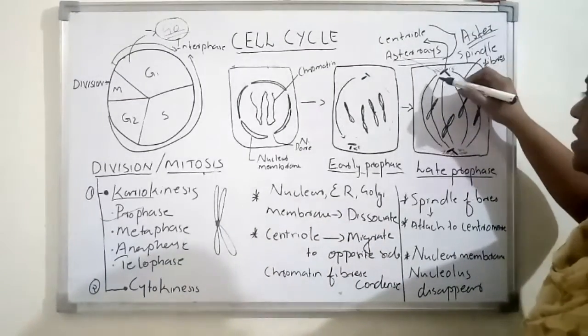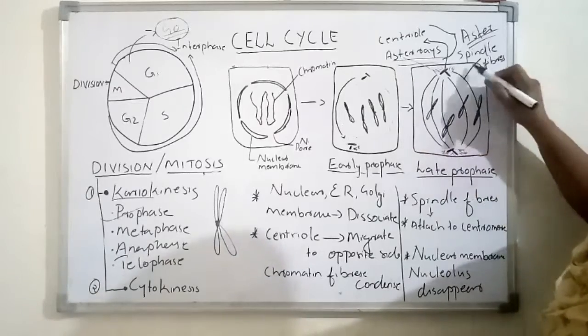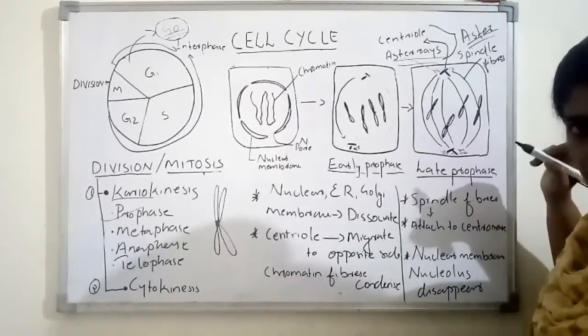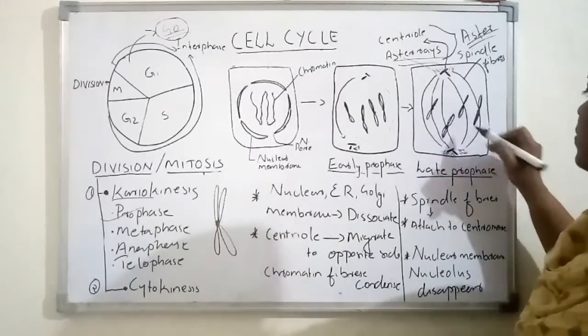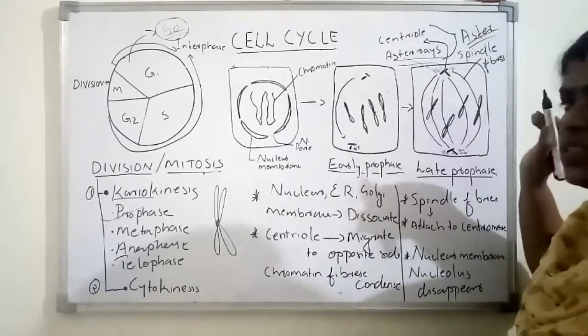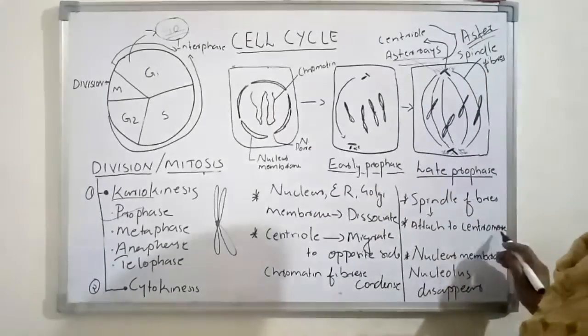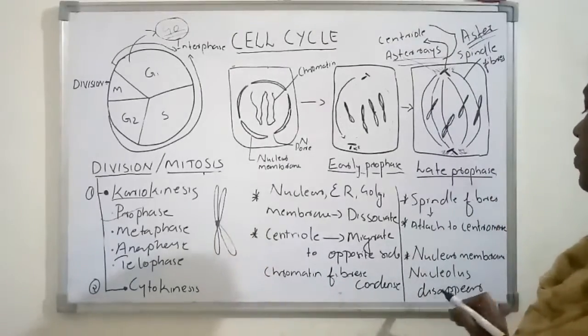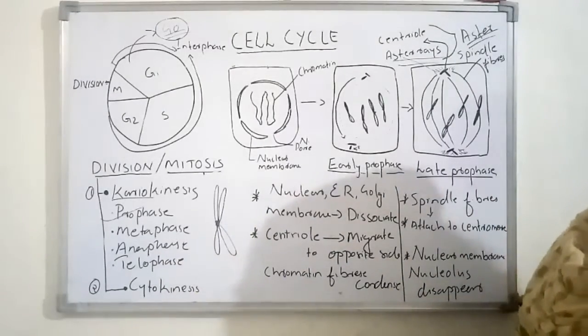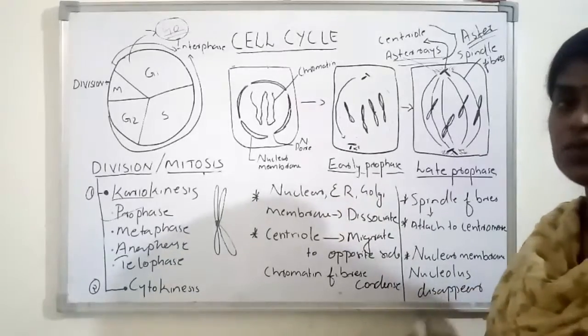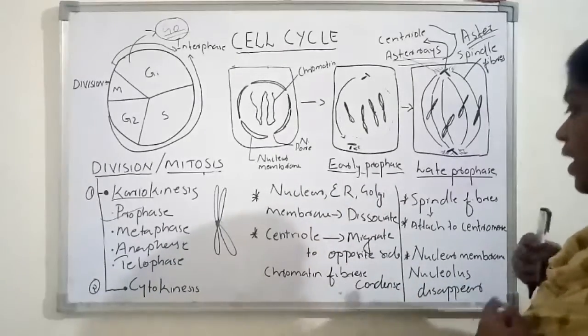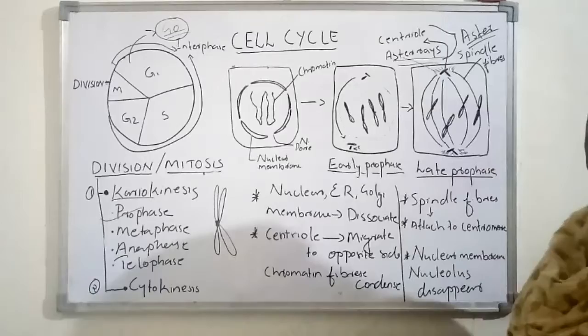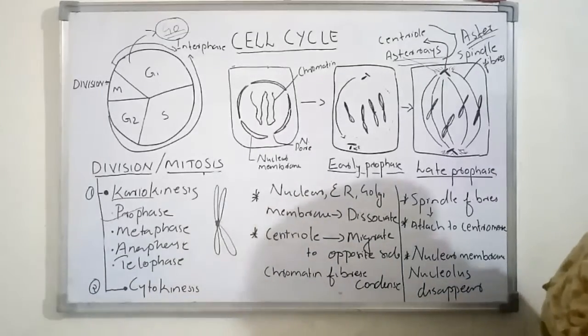You can see the long fibers, otherwise spindle fibers, and the spindle fibers will start to attach to the centromere of the chromosome, and the nuclear membrane and nucleolus will disappear.